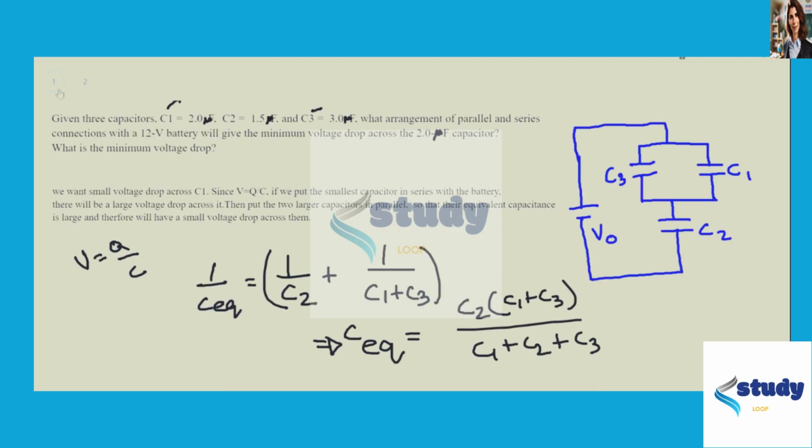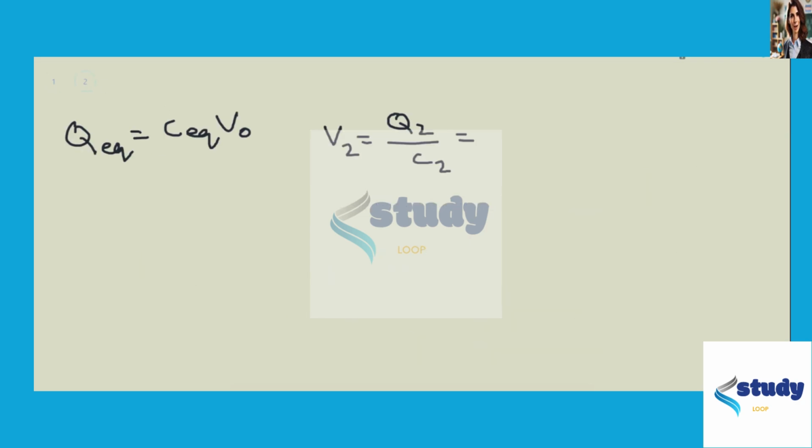Since C2 is in series connection with the other capacitors, the charge in C equivalent should be equal to the charge in C2 and the charge in the equivalent capacitance of C1 and C3. So that means it's going to be Q equivalent divided by C2.